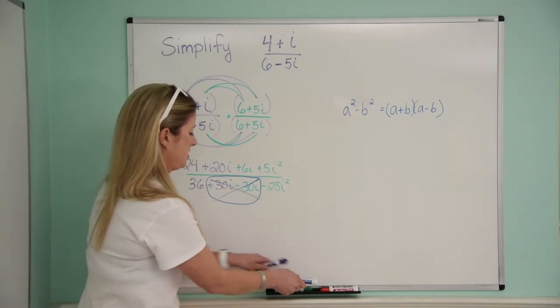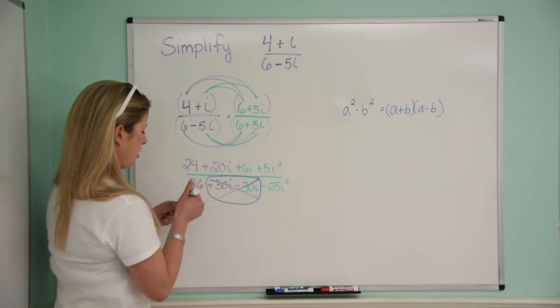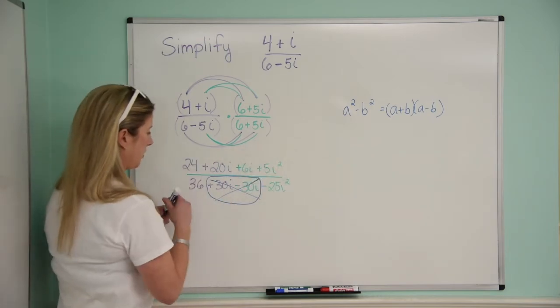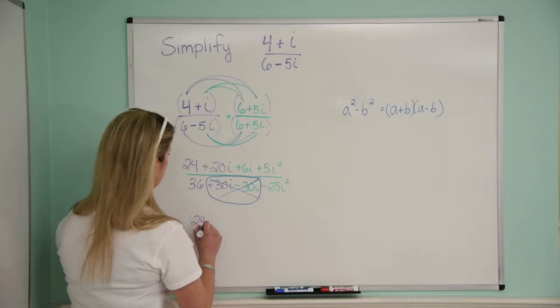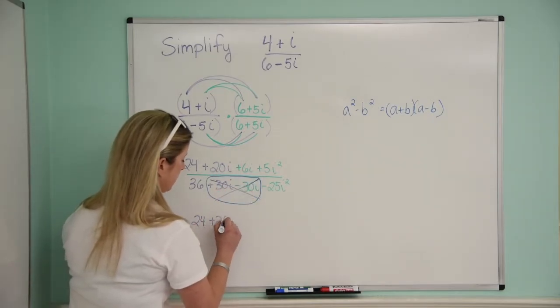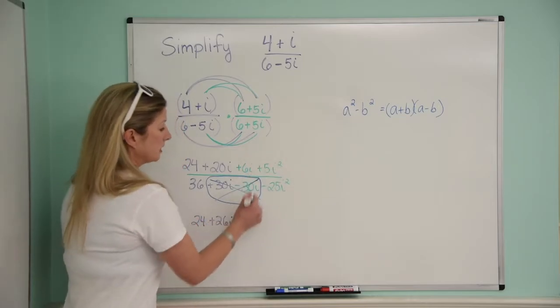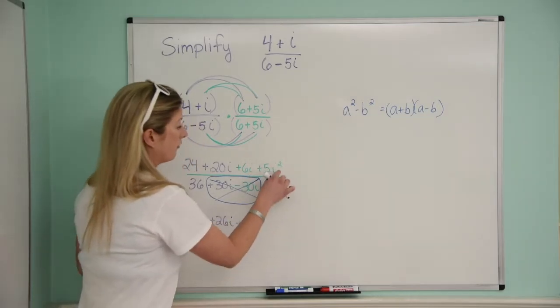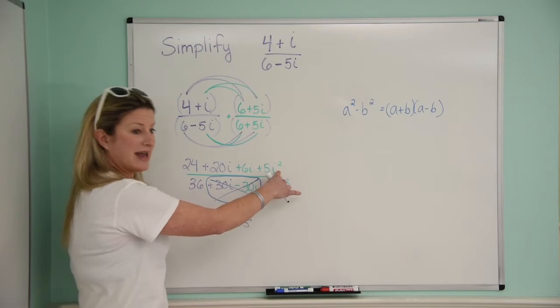Okay, so let's simplify here. I'm going to go all in purple here on the top. I'm going to rewrite this as 24, and then I'm just going to simplify this. So 20i plus 6i is going to be 26i. And then plus 5. Now remember, i squared is -1.